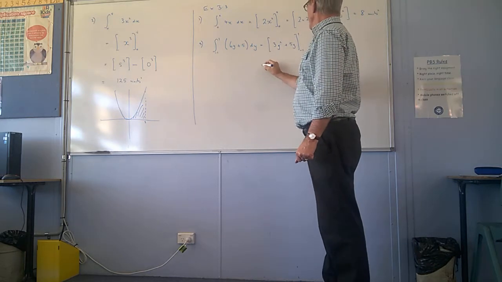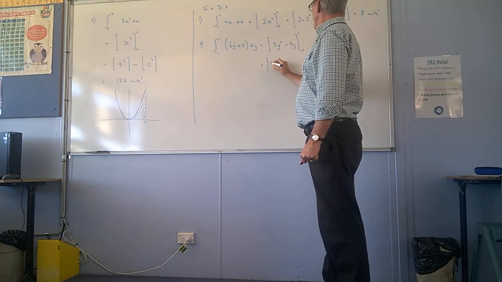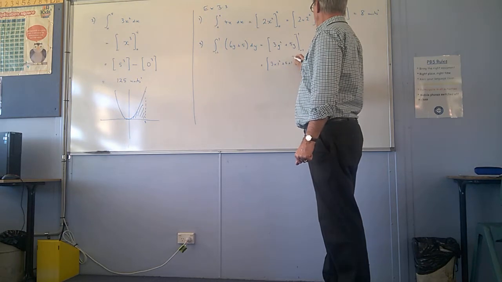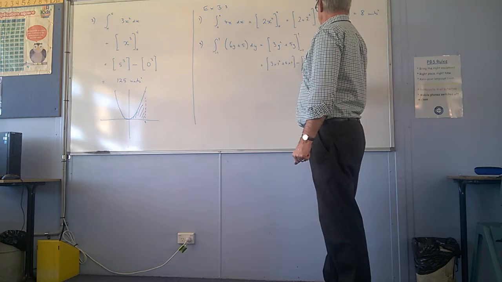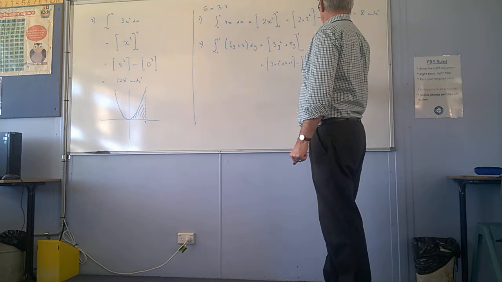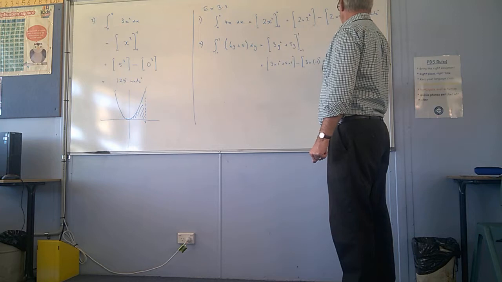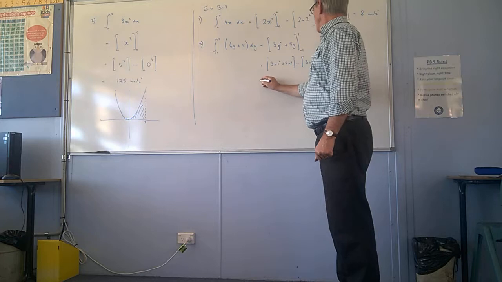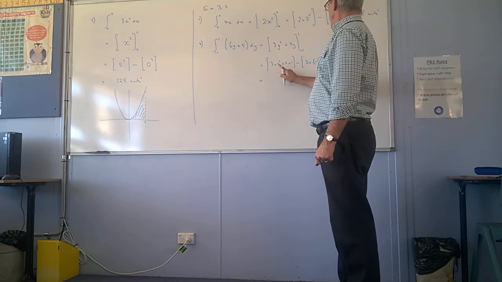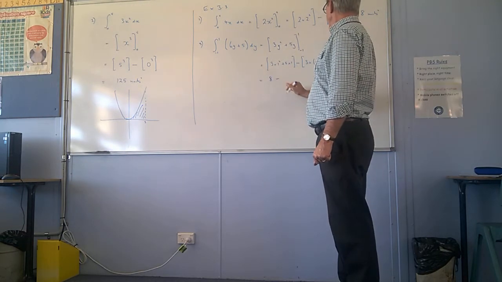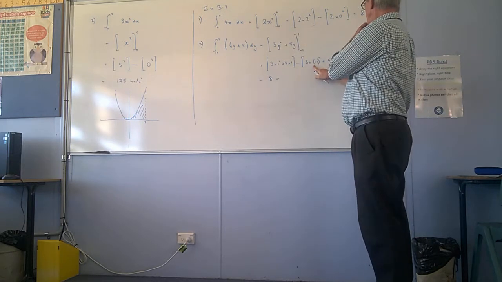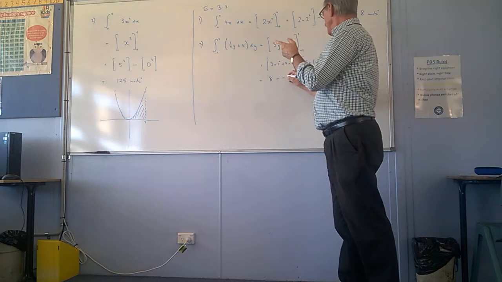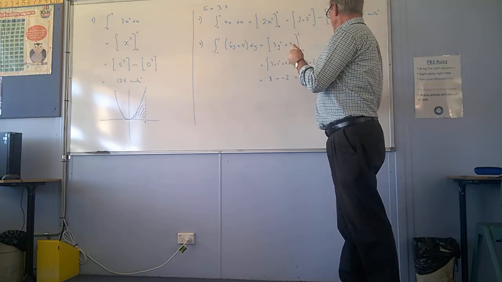So that's going to be 3 times 1 squared plus 5 times 1, minus 3 times -1 squared plus 5 times -1. Which is what? 3 plus 5 is 8, minus 3 minus 5 is -2, so it's -2, therefore it's 10.